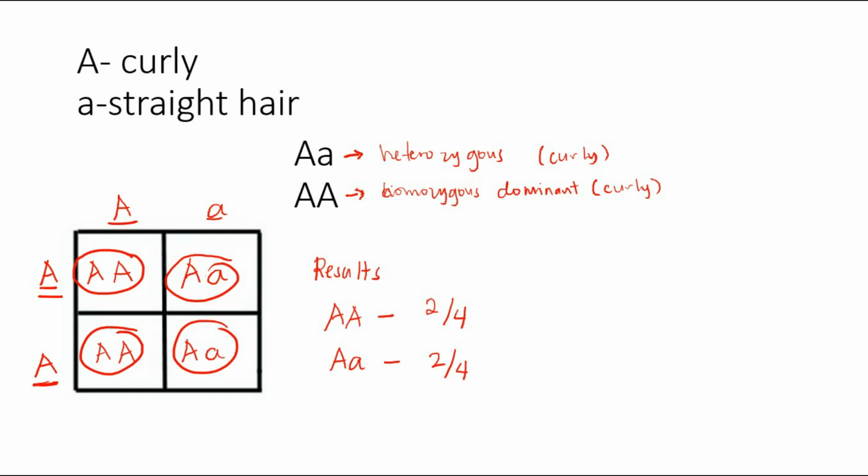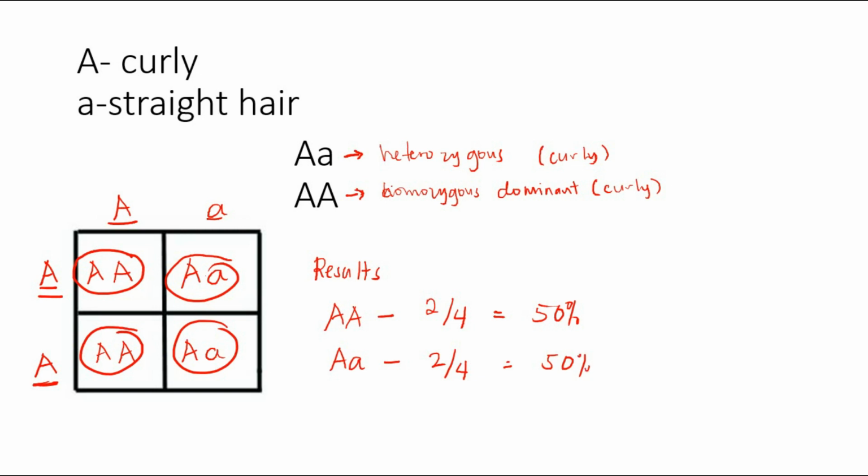or appearance like them. So for example, for the homozygous dominant, that's 2 over 4. So if you're going to get the percentage of that, 2 divided by 4 times 100, that will give you 50%. And for the heterozygous, you also have 2 over 4.